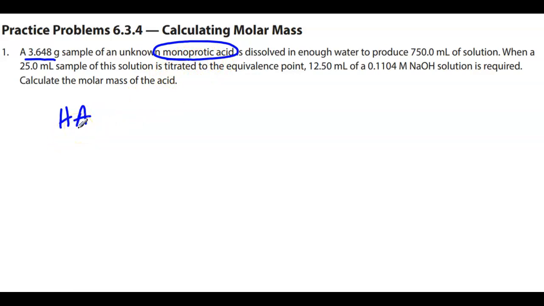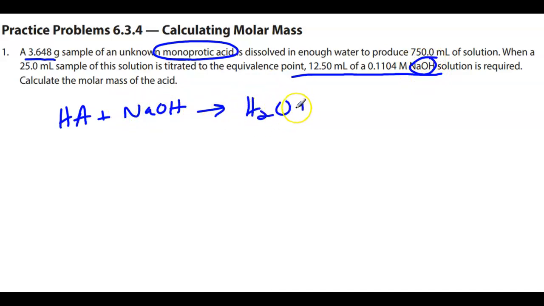For example, hydrochloric acid is a good example of this. Plus, what is it being titrated with? We have a volume and concentration of NaOH, and this is going to become water and NaCl, or I just put A in this case.